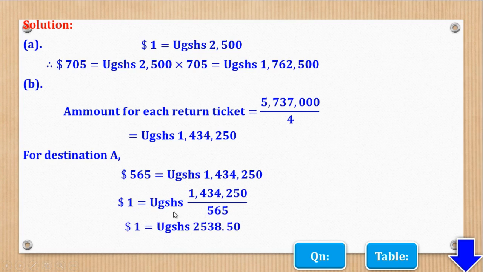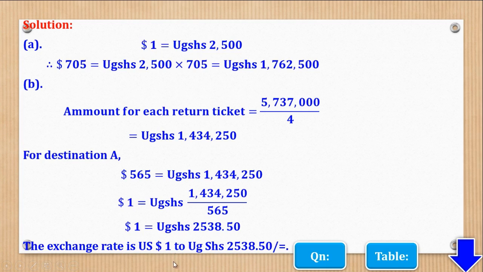So when I simplify, I'll come up with $1 being equal to Ugandan shillings 2,538.50. So basically that is what they wanted. So we shall conclude that the exchange rate is $1 to Ugandan shillings 2,538.5. So basically that's what they wanted in part B.